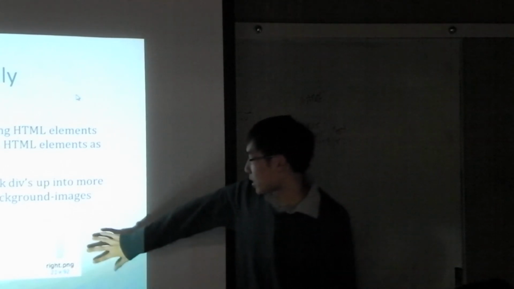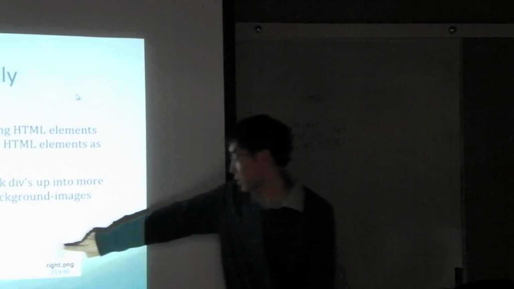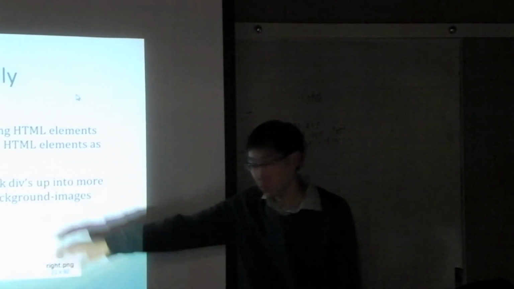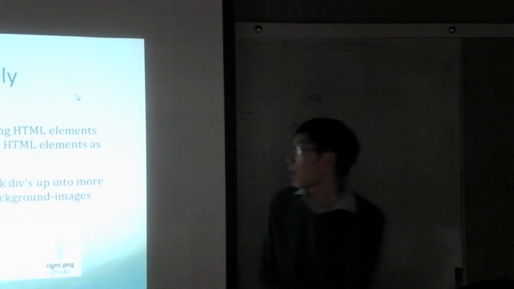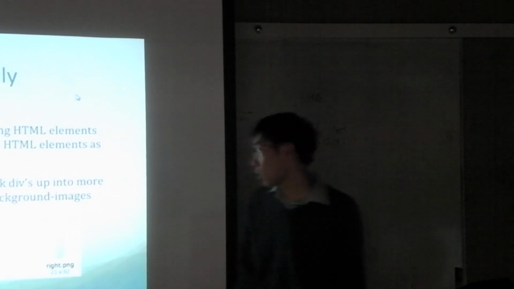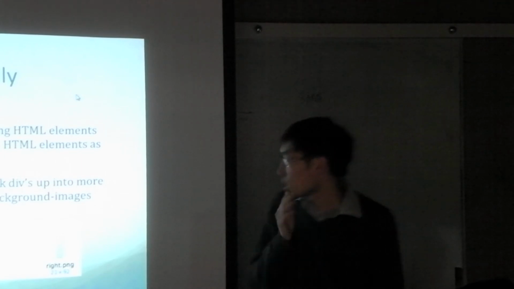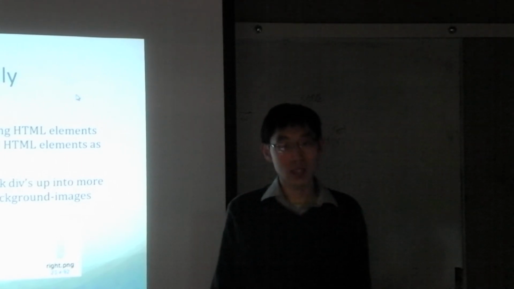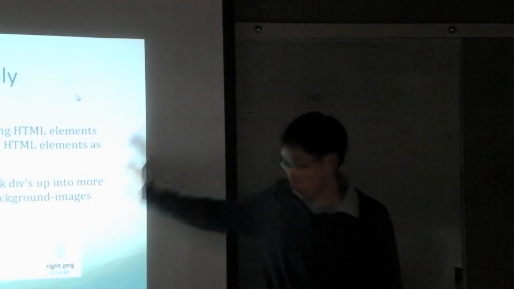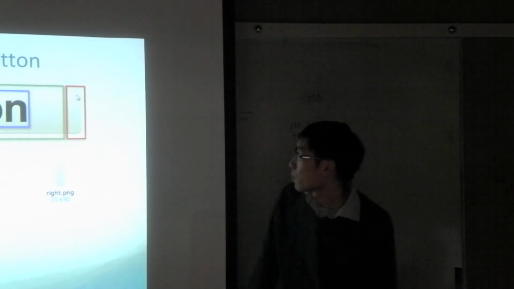Alright, so, reassembling our images. Remember from the button example, we broke our image into a left portion, a middle 1 pixel portion that repeats, and a right portion. Now we want to make it work in HTML. So we break it into divs or spans that hold these as background images. You should know how to do this already, we're just going to go over it.